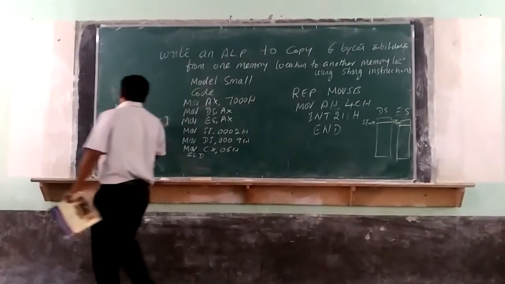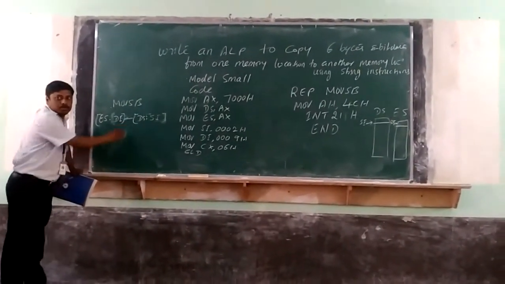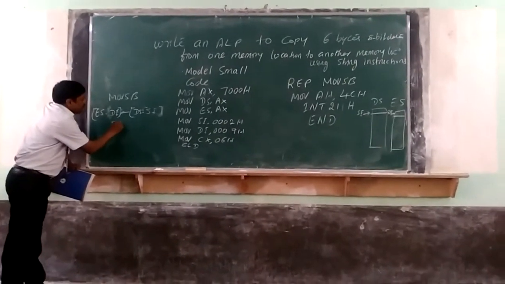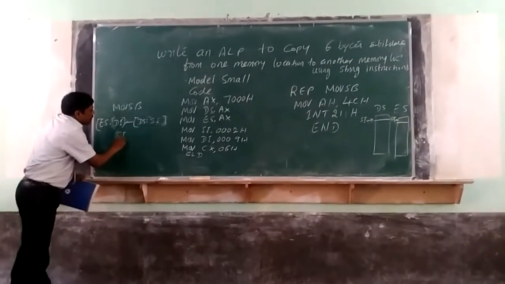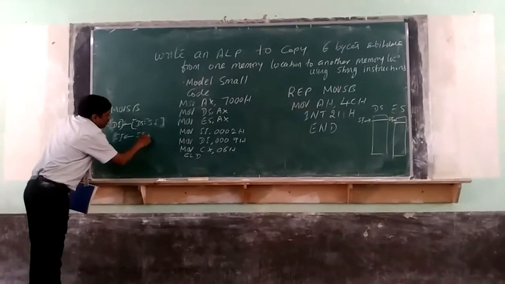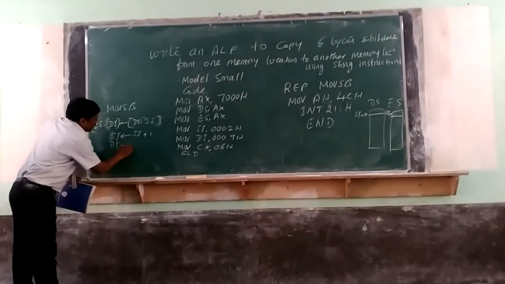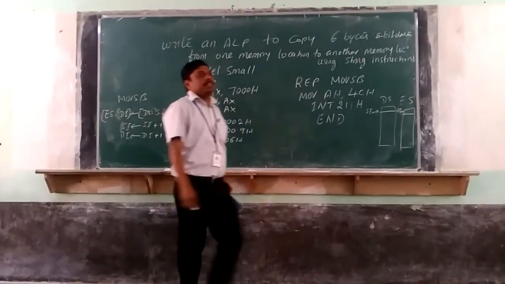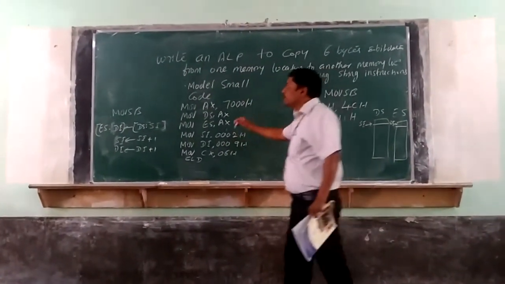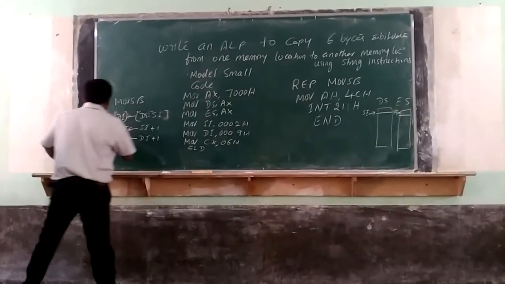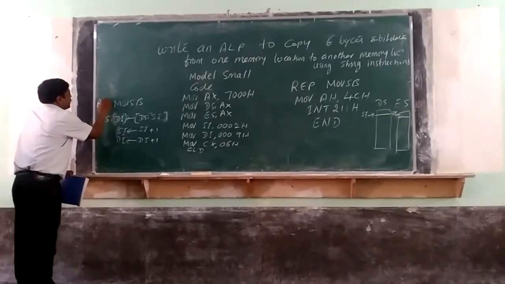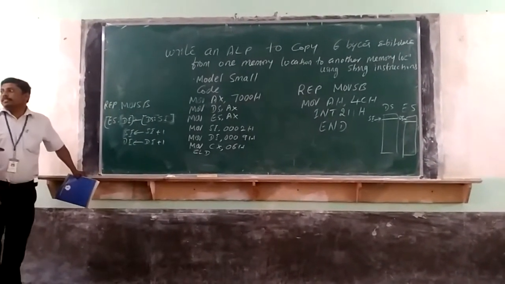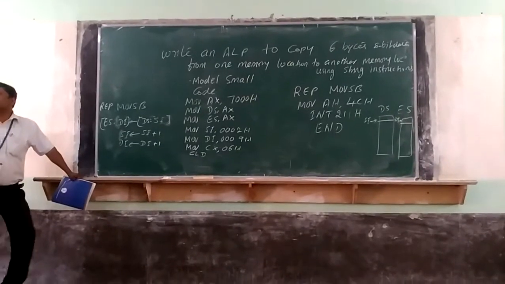See here, not only transferring the data from source to destination, the auto increment takes place. SI becomes SI plus 1, DI becomes DI plus 1. This is the function of MOVSB. And we have added the repeat, REP. This has to be repeated till CX becomes 0.